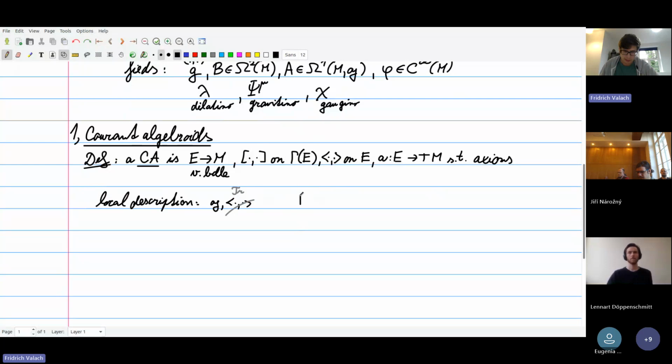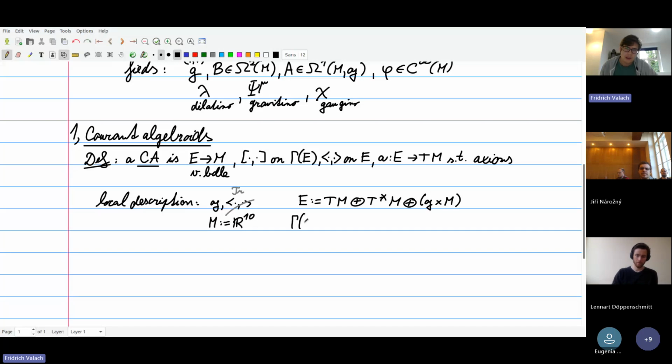And then what you can take as your vector bundle is, so this is our Lie algebra, and you take M to be simply R to the 10, and then you can take this kind of local model: the tangent bundle, the cotangent bundle, and then a trivial bundle where G is in every fiber.